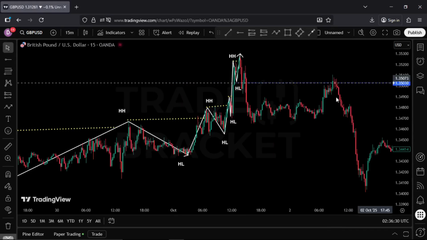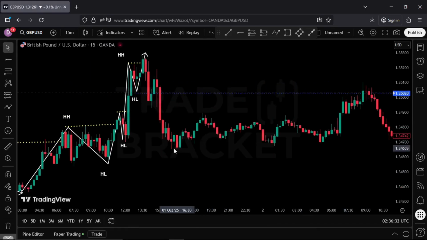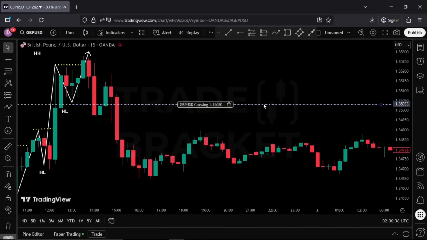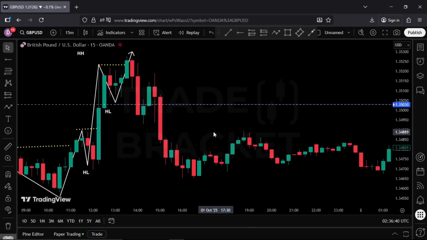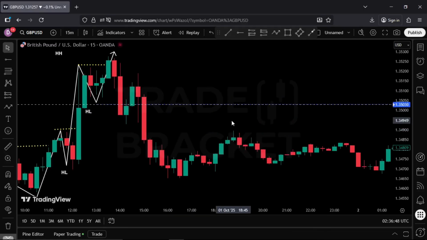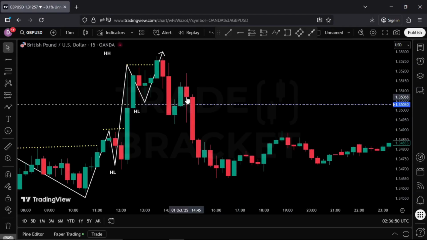The alert will be placed, so let me create some more room on the chart. The alert will be placed at the point, and I could drag it, but I want it right there. Now the next thing I want to talk about is a break, because sometimes price just comes and wicks.